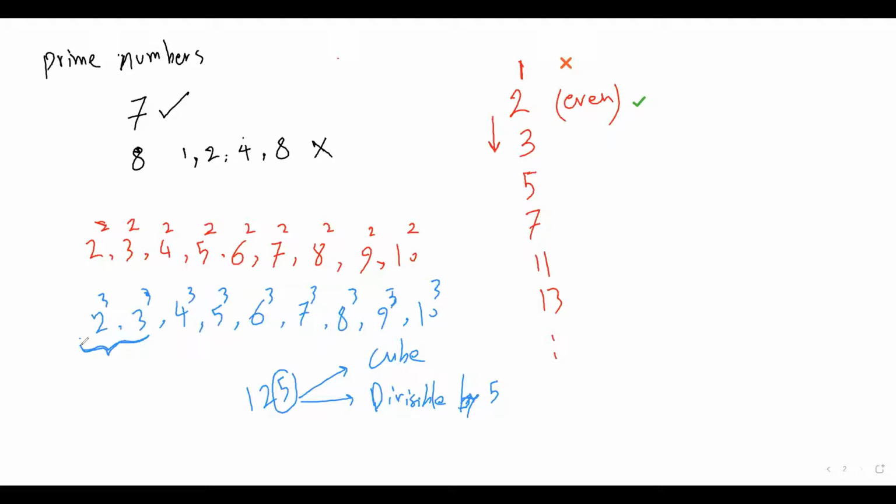Let's move on to the next subtopic for this chapter, which is factors. So what do you know about factors? Let's talk about the number 18. If I ask you to list down the numbers that 18 is divisible by, or maybe I can ask it this way: list down all the numbers that can be divided exactly into 18.